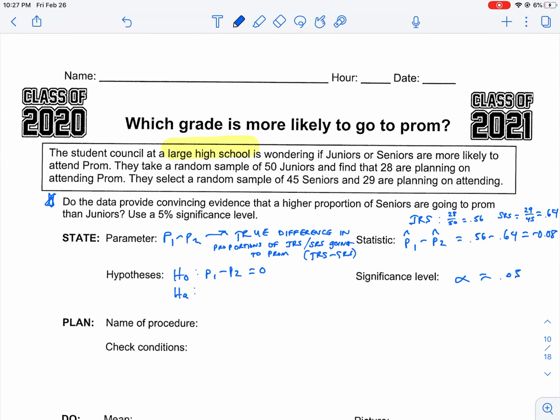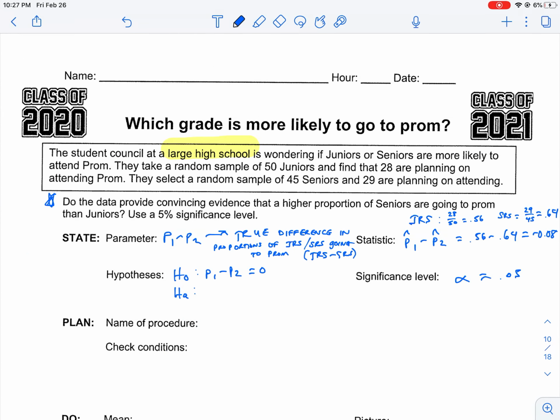The name of the procedure that we're going to be running is, and I know you're thinking about the alternative hypothesis, just hold on to that for a minute, a two-sample z-test, and it's a z because we're dealing with proportions still, for P1 minus P2. Okay, let's go back up to our alternative hypothesis for just a minute. Our alternative hypothesis is also based on P1 minus P2, but in this case, we need to determine, is it going to be greater than, less than, or not equal to?